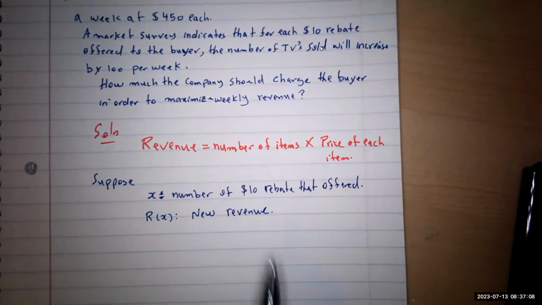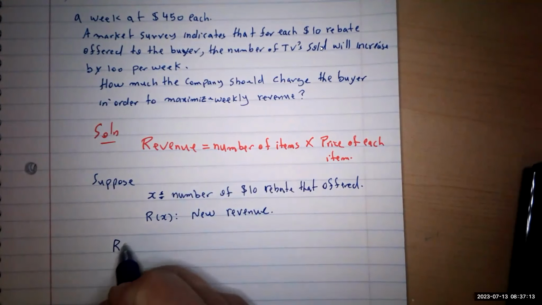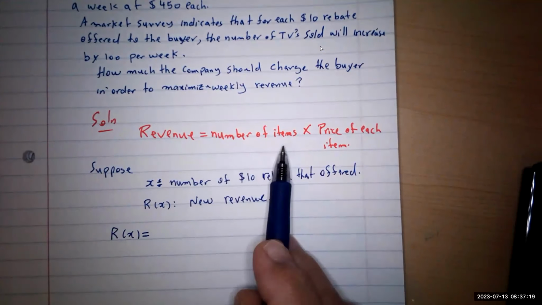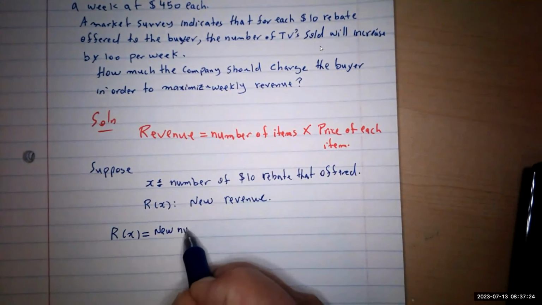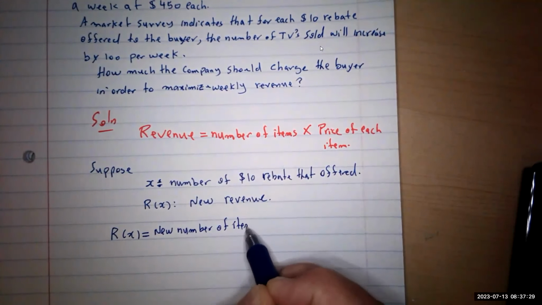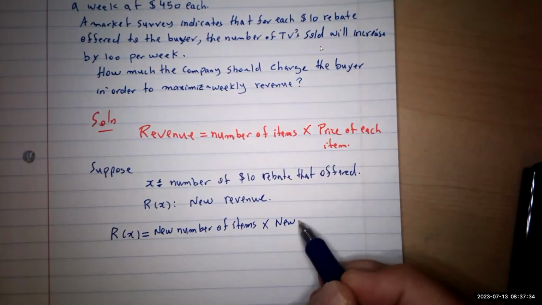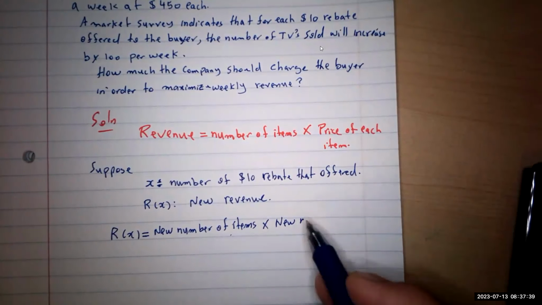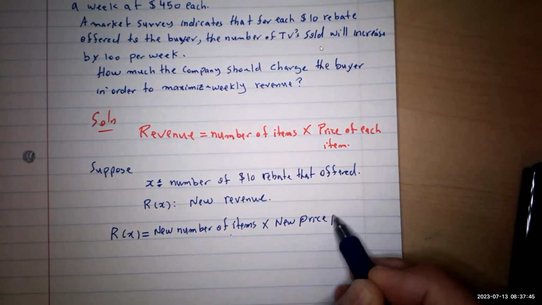Now we're going to collect this revenue, exactly the same as the one that you got over here. So R of X is going to be equal to the new number of items times the new price per item.